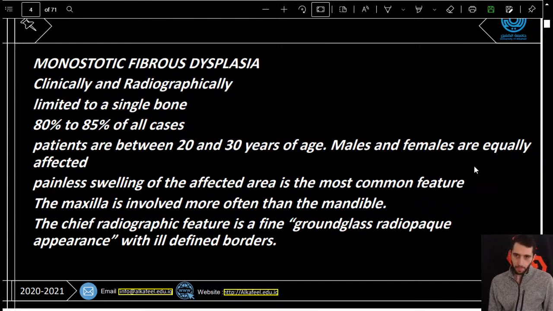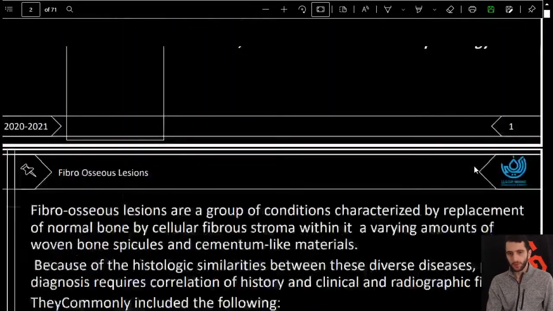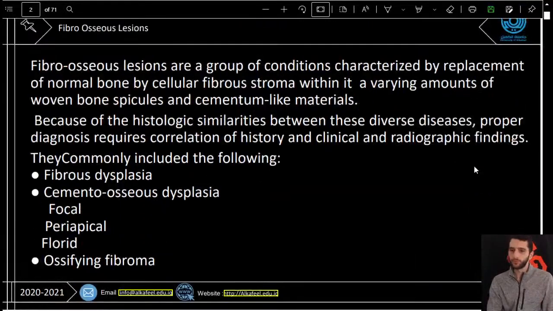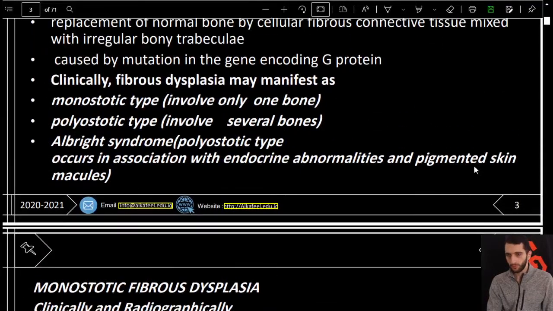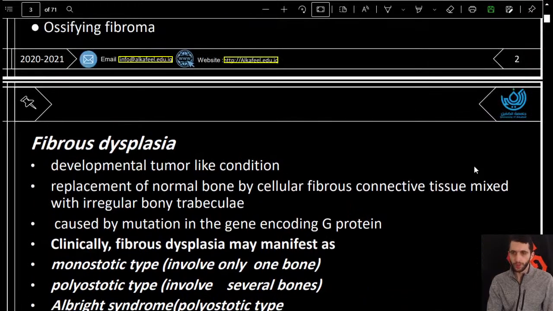Also, fibroma is a type of fibrous lesion. As we saw here, the effect of the G protein gene encoding fibrous dysplasia.